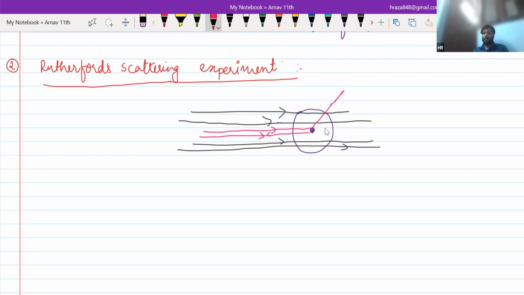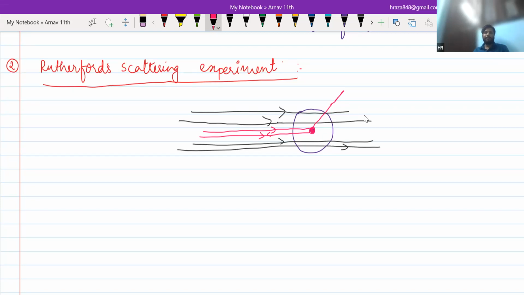That tells us that something is in the center of this atom, which was later discovered as the nucleus.